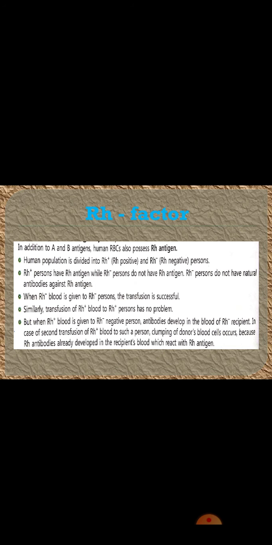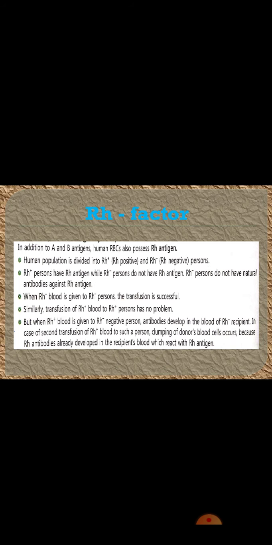For the above reason, while determining ABO blood group, presence or absence of Rh factor is also tested and is very important in the case of transfusion. An Rh negative person should be given Rh negative blood only.